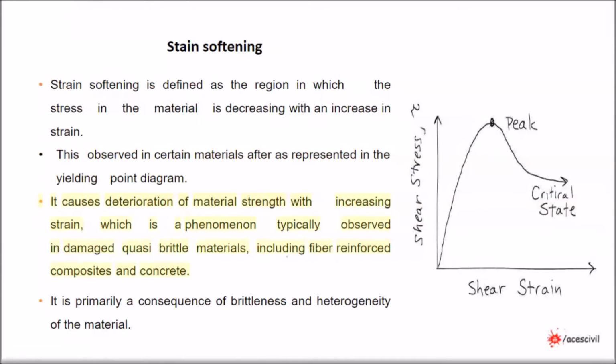It causes deterioration of material strength with increasing strain, which is a phenomenon typically observed in damaged quasi-brittle materials, including fiber-reinforced composites and concrete. It is primarily a consequence of brittleness and heterogeneity of the material.